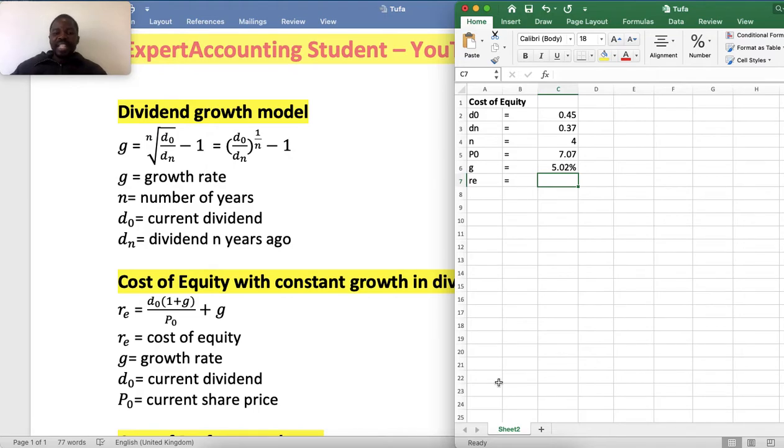The formula starts with D0, so we'll say equals, open bracket, we take D0, we multiply by 1 plus G. G is our growth here. We close the bracket.